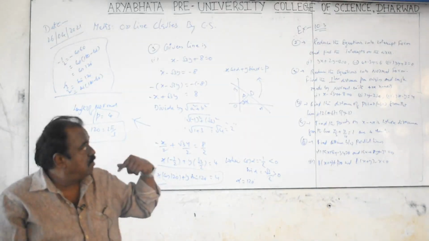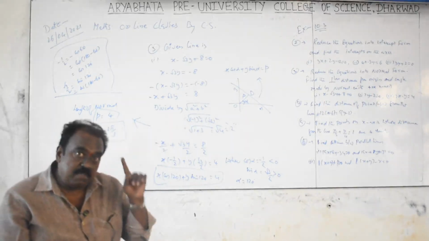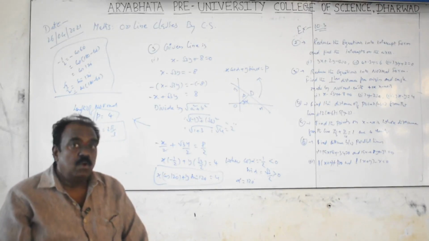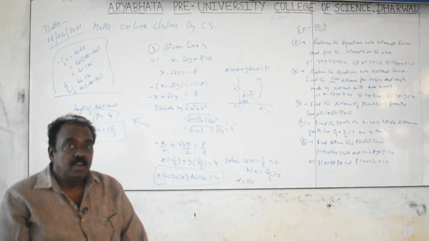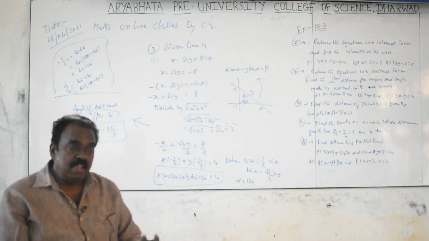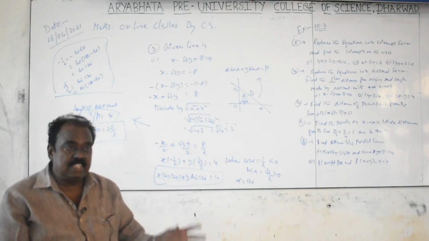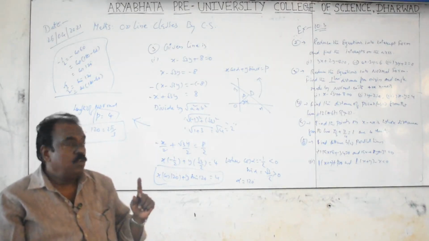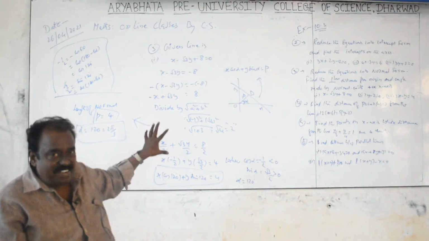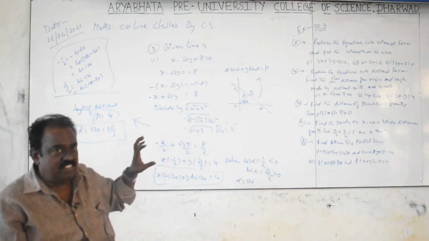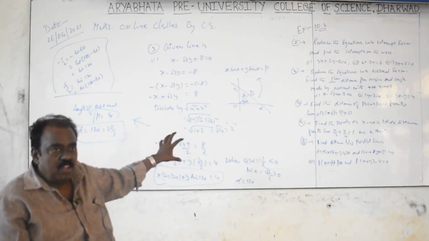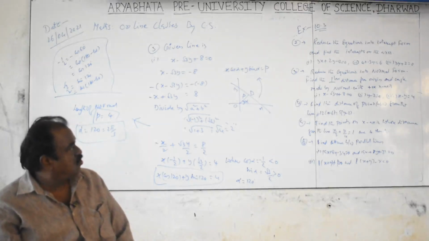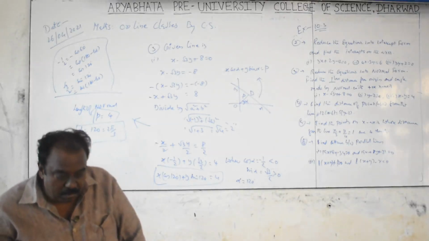While discussing the normal form in the theory part, I gave some problems: root 3x plus y is equal to 1, root 3x minus y is equal to 1, minus root 3x plus y is equal to 1. Like that, 4 different problems I solved. If you go through them well, you can understand. It is a typical one, so be careful. Next, we will go to the next problem.